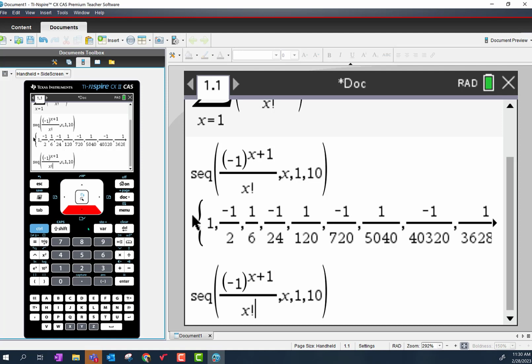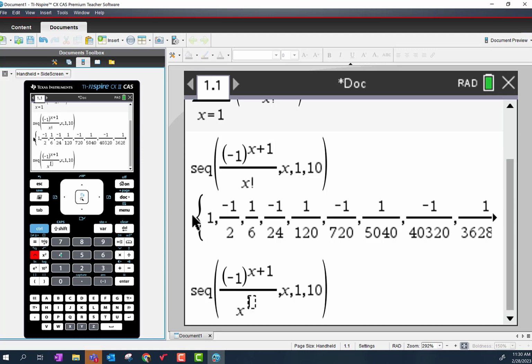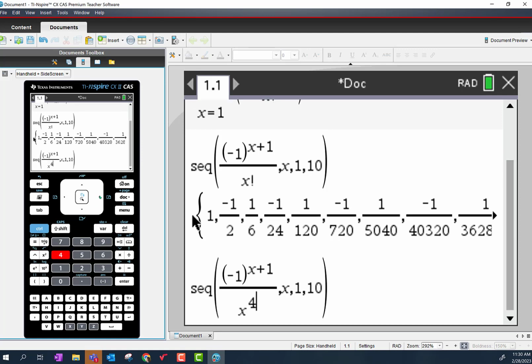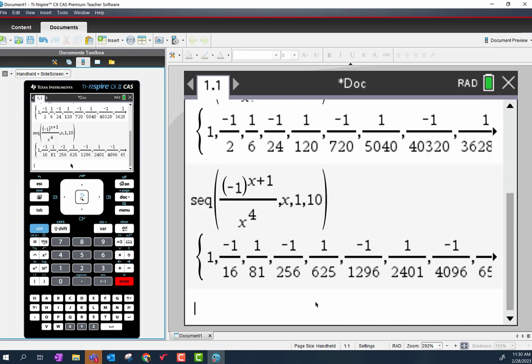Down here we need to do x to the 4th. And the first 10 terms are fine. I don't know how many it's going to take. Why don't we just list 10 terms out? Okay, so there's our list.